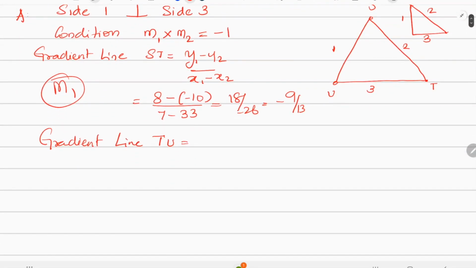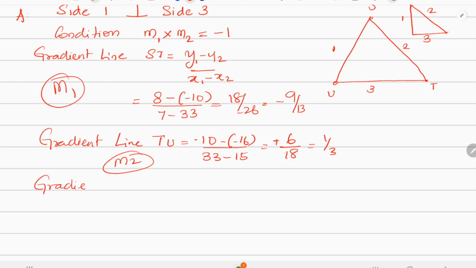Then as per the formula we get minus 10 minus of minus 16 divided by 33 minus 15, which equals 6 by 18. Sorry, not minus, it is plus 6 by 18, equal to 1 by 3. I can say this one as m2.